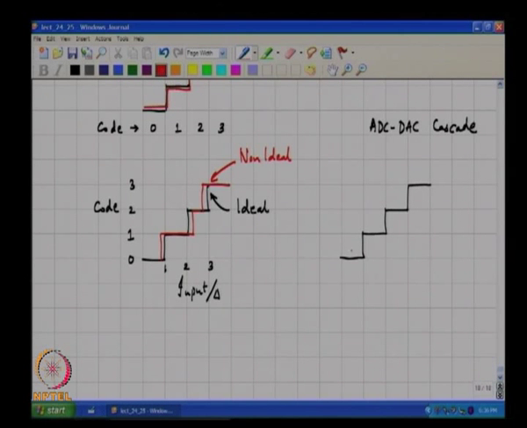So, the real one will probably be like this. So, this is real and this is ideal.